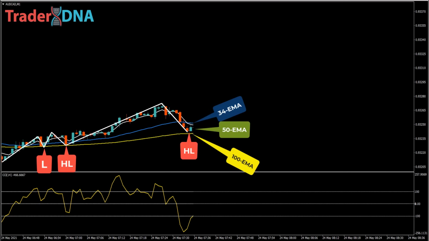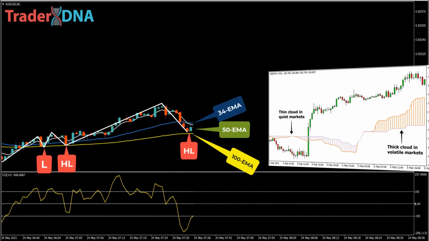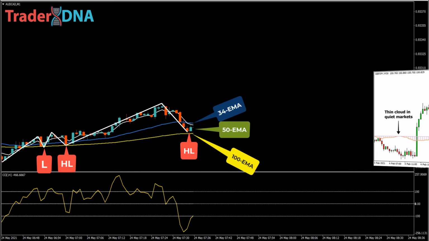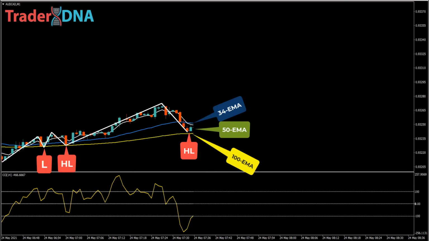Think of this zone like the Kumo cloud in Ichimoku, but with a different configuration, one that's rooted in the trading psychology of dominant market participants. This strategic EMA setup helps us align with the major forces shaping market trends and gives us a clear edge in our ability to find high probability trades.